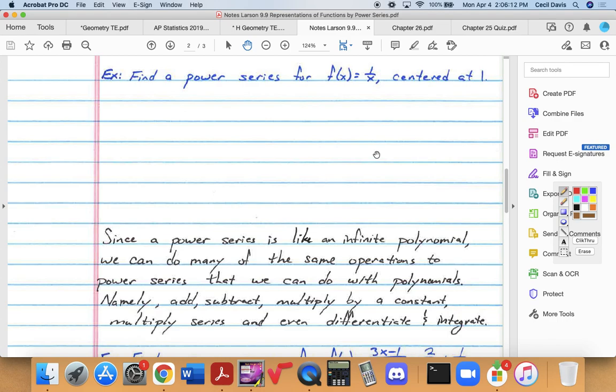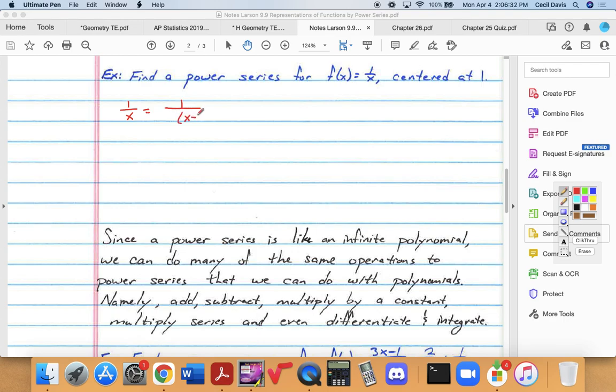Let's do another one like that. Find a power series for f of x equals 1 over x, centered at 1. Okie dokie. So we'll start with the original, 1 over x. I want to have an x minus 1, right?